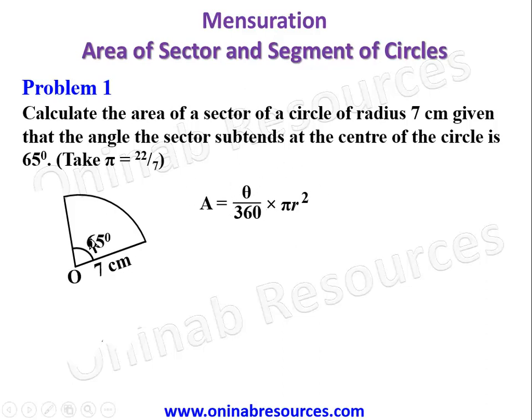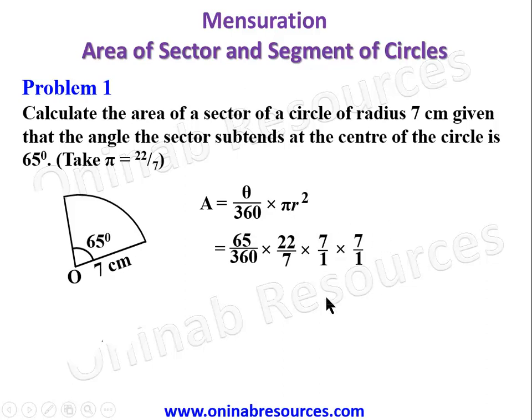Now, we substitute in the parameters. We know the theta, we know the radius, and we know the pi. So we have area equal to 65 degrees over 360 times 22 over 7 times 7 over 1 times 7 over 1. The r squared here is this 7 times 7.